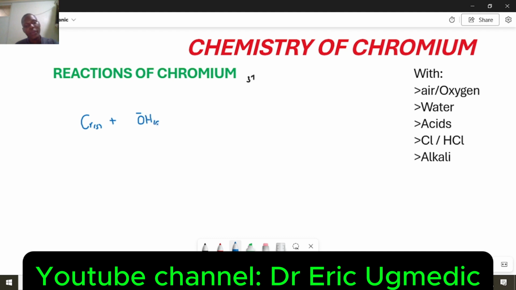So this will be aqueous. And then this side, we are going to form products in the +3. So there are 3 ways of forming this product. This product is called chromite. So this chromite, as we saw under nomenclature, it can be written in this form.